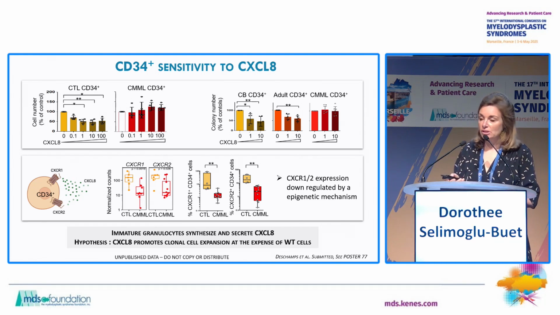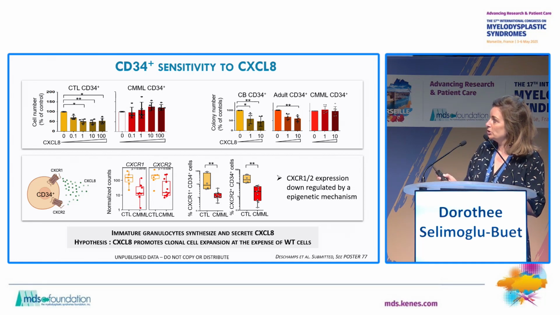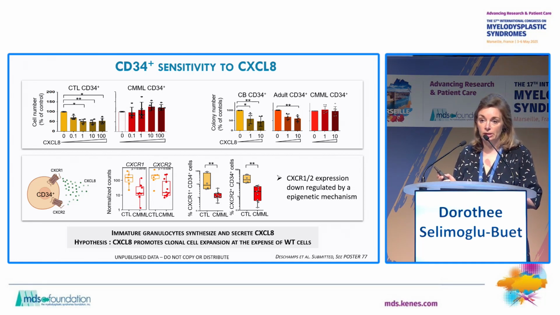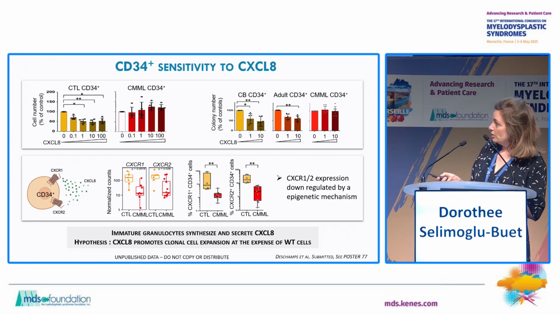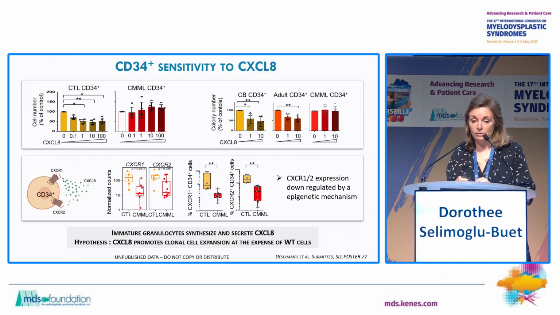Why the difference of sensitivity between these two kinds of cells? We looked at the two receptors of CXCL8, which are CXCR1 and CXCR2. We observe that at the mRNA level and at the protein level, there is a decrease of expression of the two receptors in the CMML cells compared to control. And this seems to be due to an epigenetic mechanism.